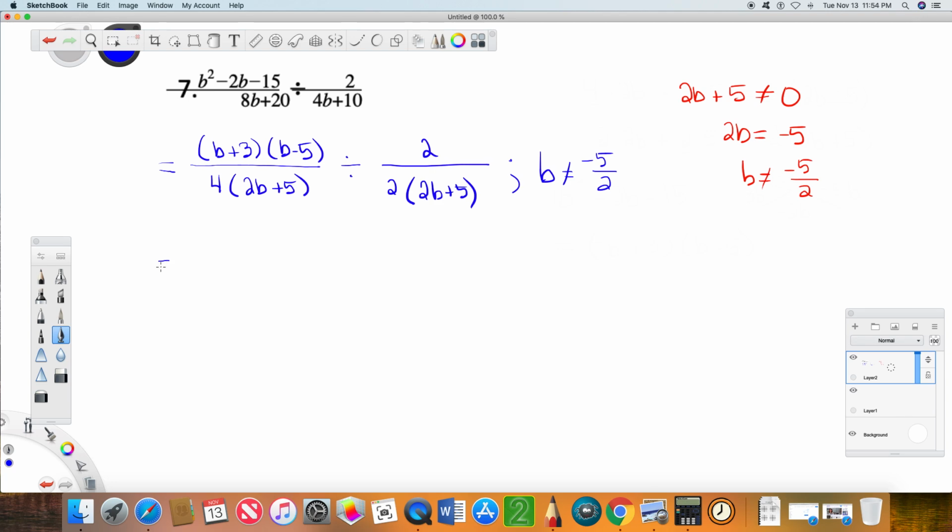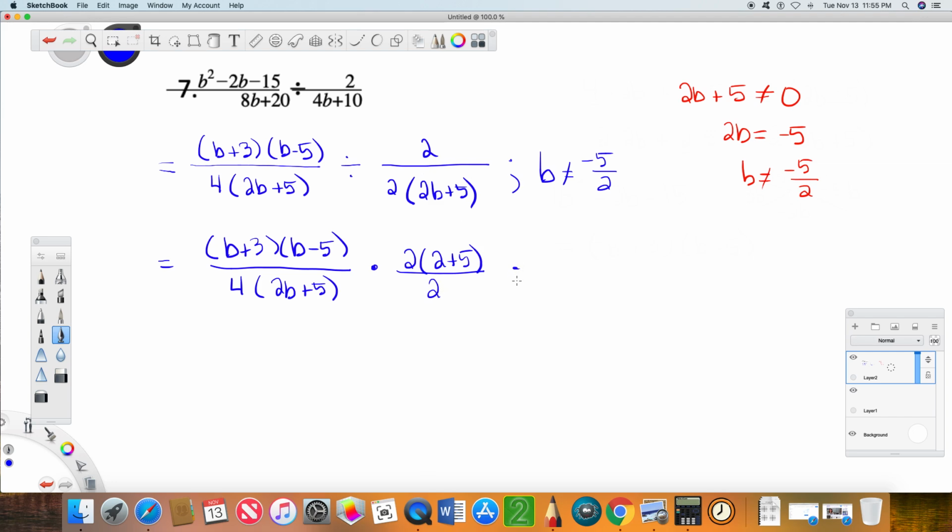All right, so I leave this first fraction alone. I don't do anything to it yet. Now, if I did see a common factor within this fraction, I could simplify it if I wanted to, but I don't. I'm going to change this division to multiplication. So now I take the reciprocal, I flip my divisor fraction. So the 2 times 2b plus 5 now comes up to the numerator, and this 2 comes to the denominator.